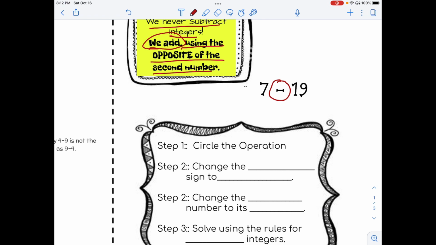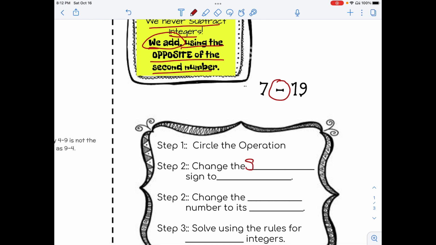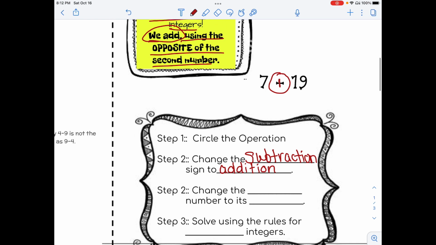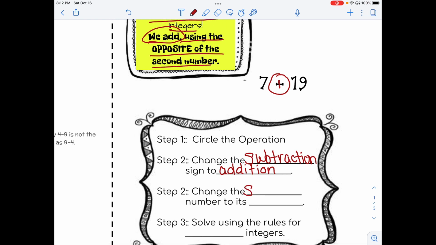I'm going to change the subtraction sign to addition. Step two, again, we have two step twos: we change the second number to its opposite.